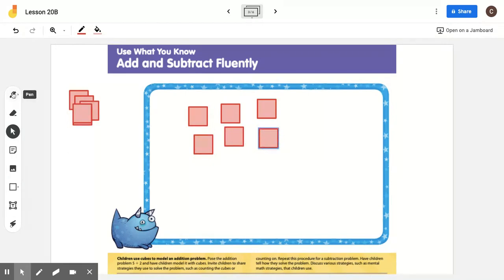And I might cross out 3 of them. And I see that I have 3 left. You may also have been at the number 6 and counted backwards 3 to get your answer, which would be 3. Yeah, there's all sorts of different strategies that we can use.